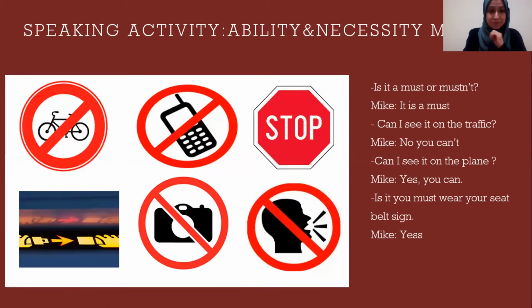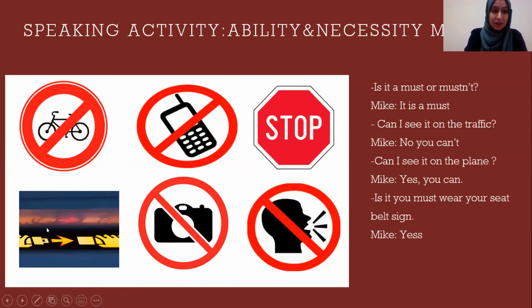For example, Mike has chosen this sign, and the students randomly will be asking, is it a must or mustn't? Mike will say, it is a must. Then they will be asking, can I see it in traffic? Because only must signs are these. Mike will say, no, you can't, because this is a sign that you can see on the plane.